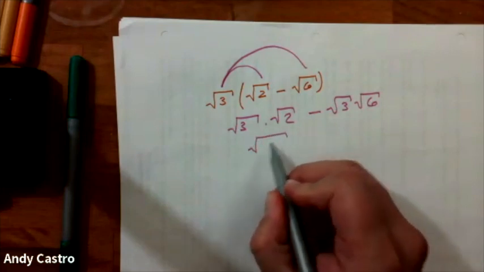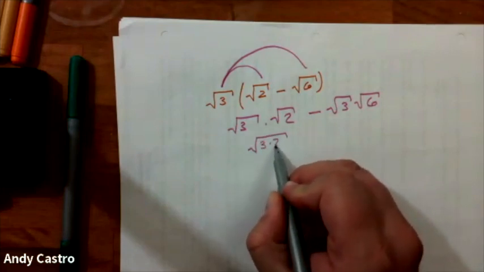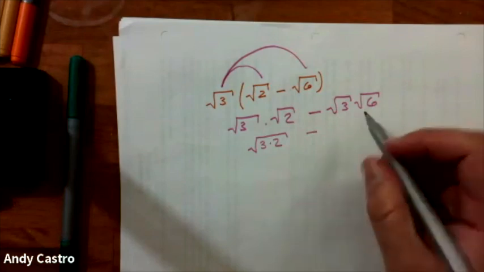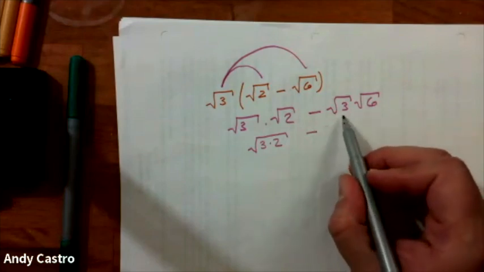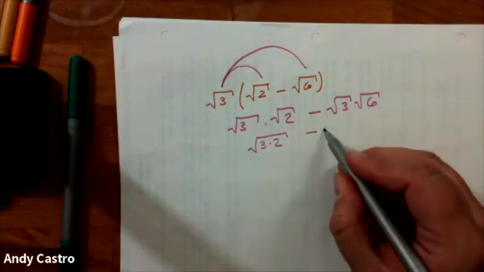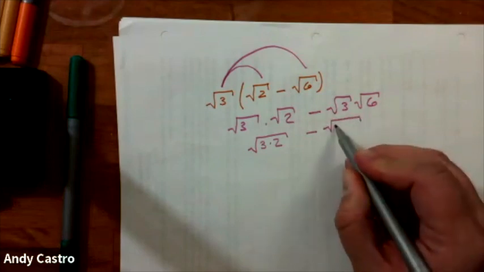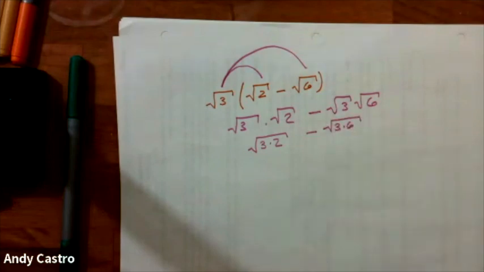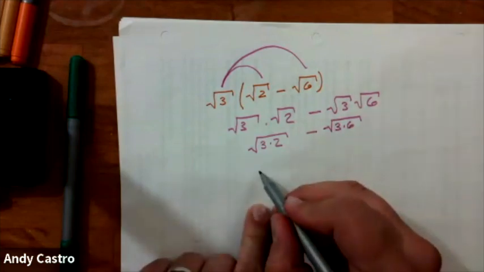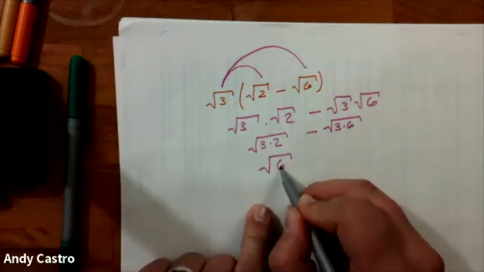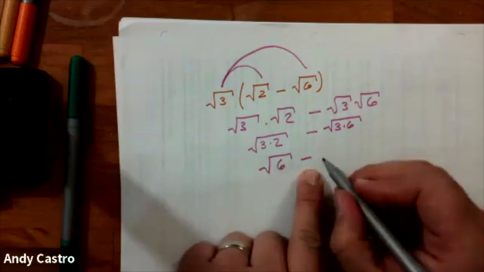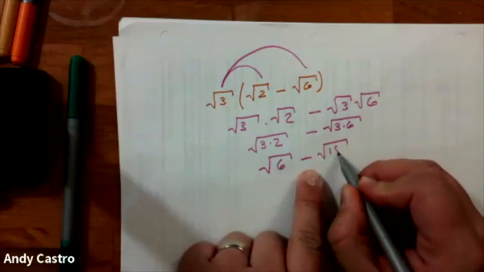So this would be the square root of 3 times 2, minus, same thing here, square root of 3 times the square root of 6. That's square root of 3 times 6. So here we have the square root of 6 minus the square root of 18.